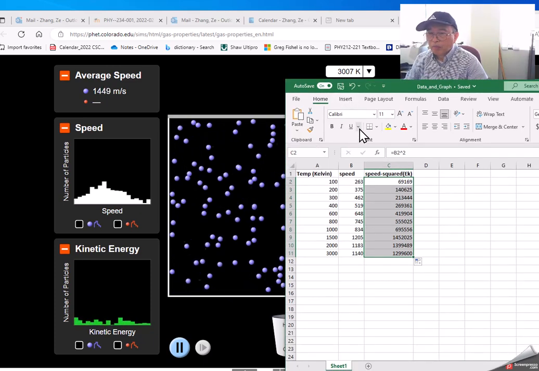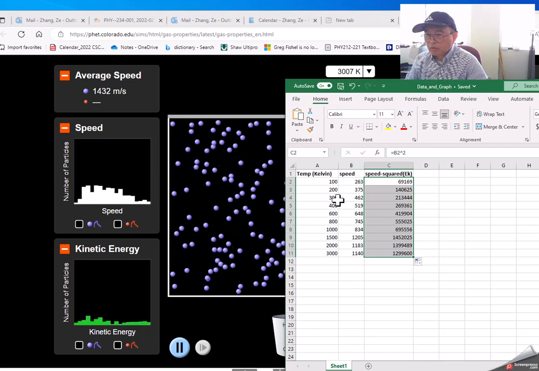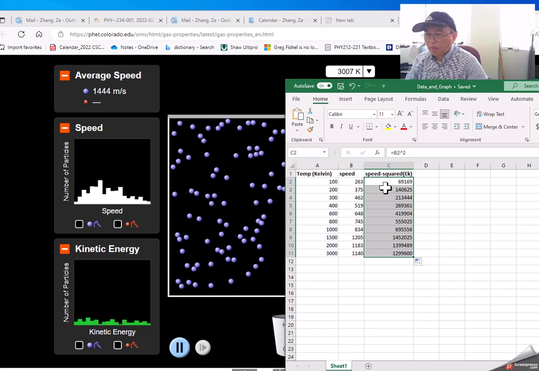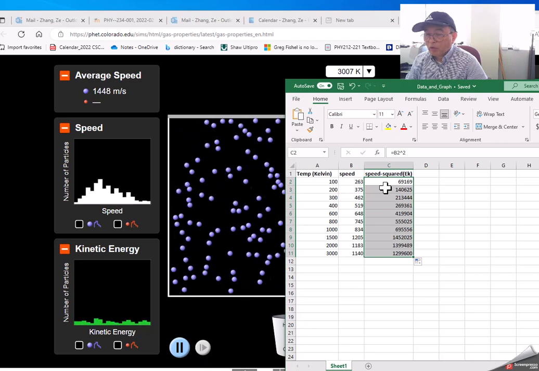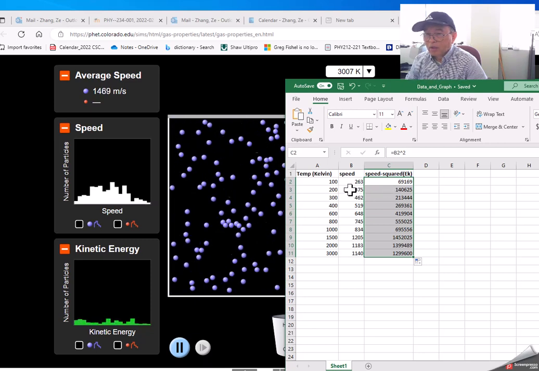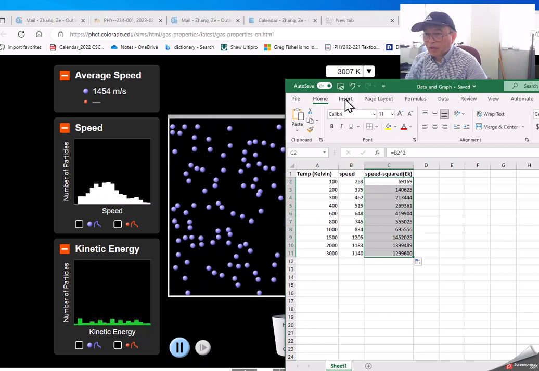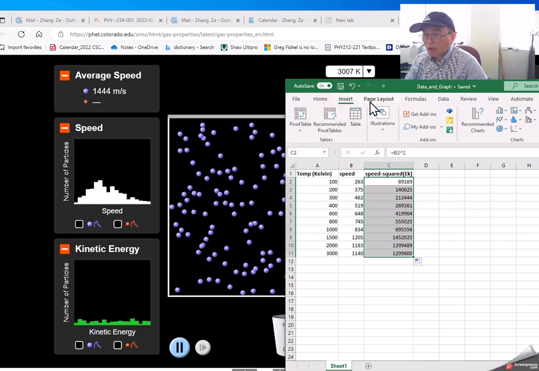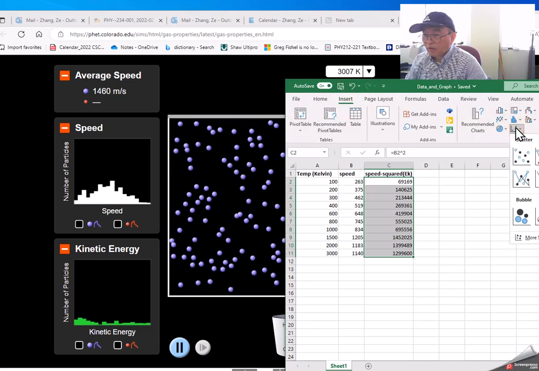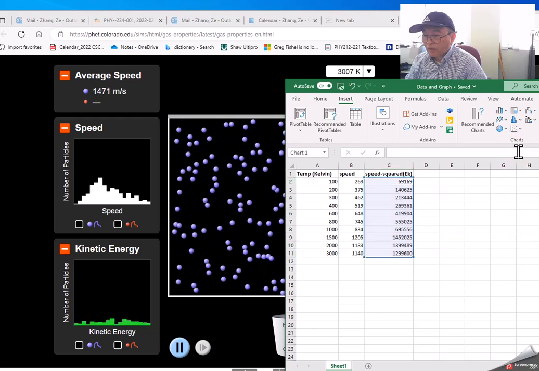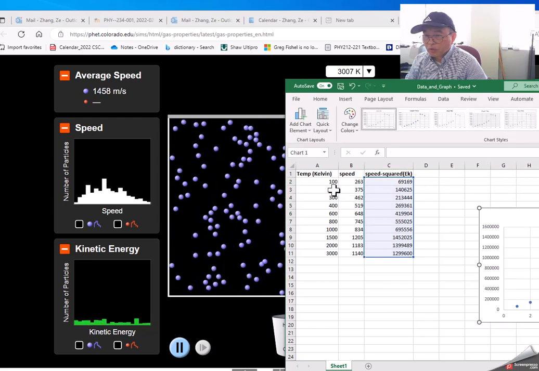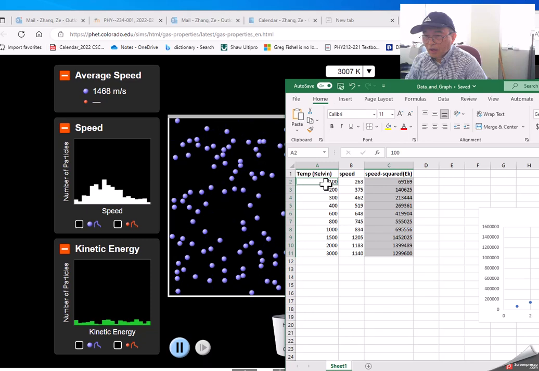Now you want to make a plot of temperature versus speed, and then you will see how it goes. This is the Excel trick. Insert, and I just use scatter graph.